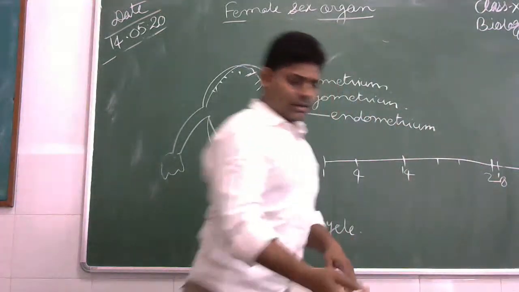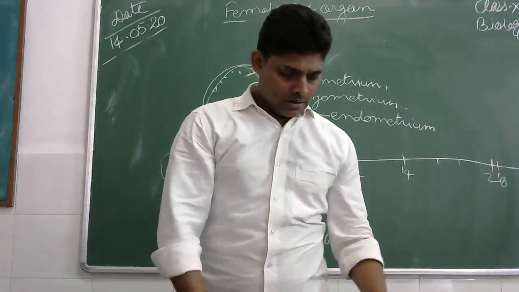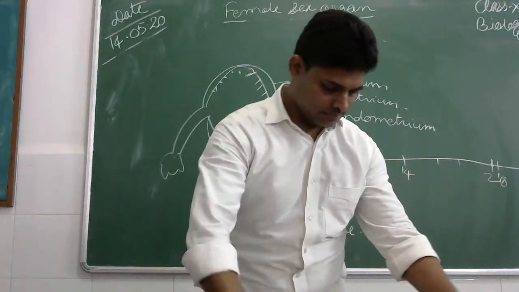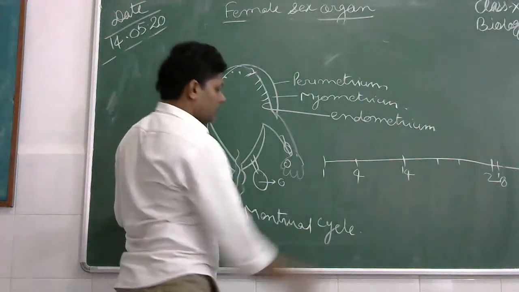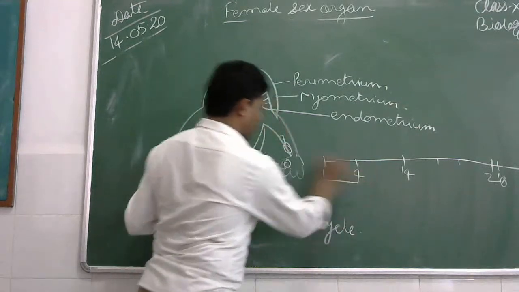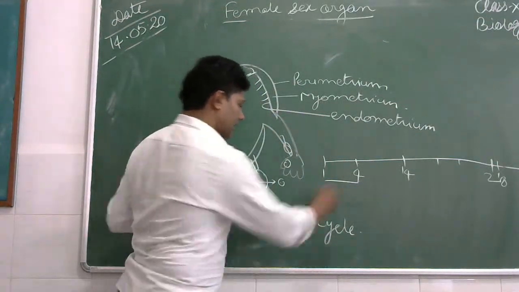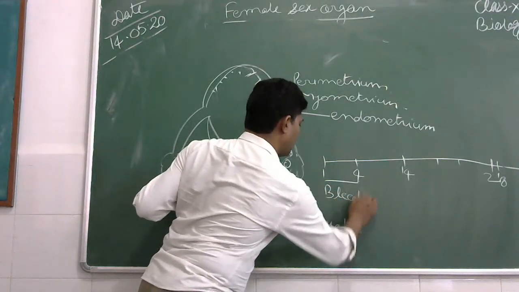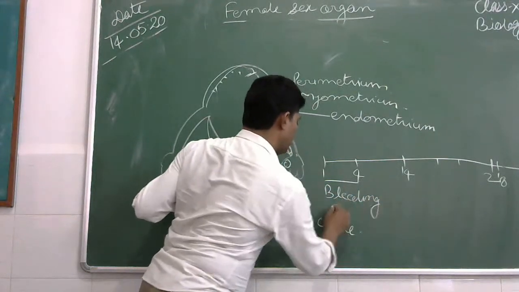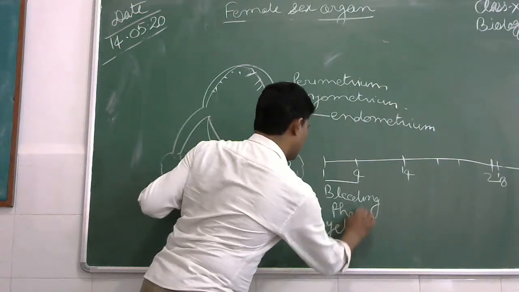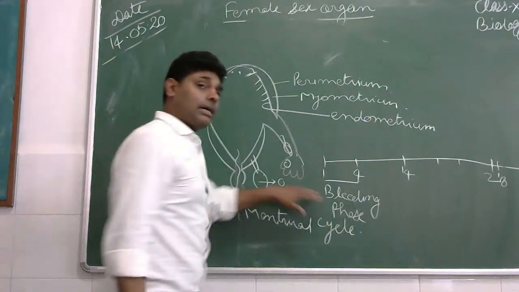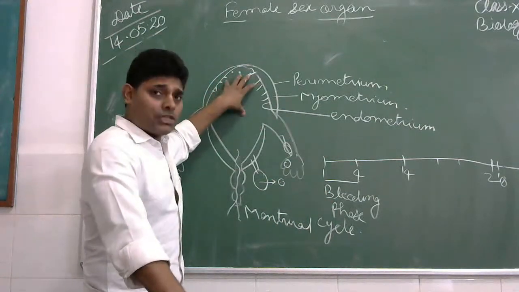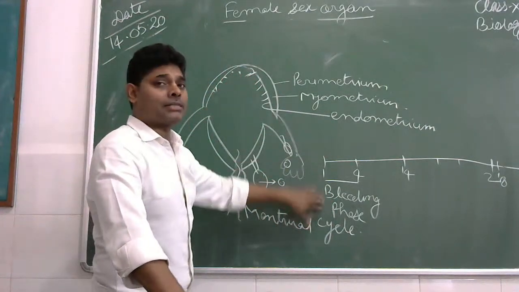This is right. Days 1 to 4 is the bleeding phase. Okay, this is the bleeding phase. The endometrium ruptures, bleeding starts.